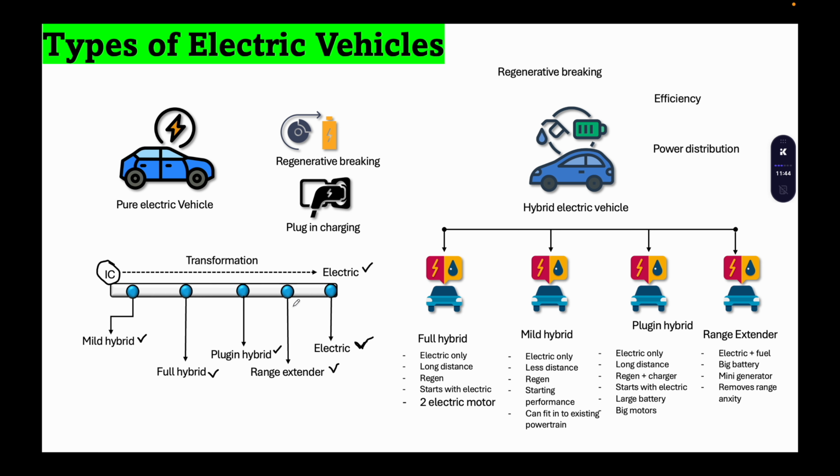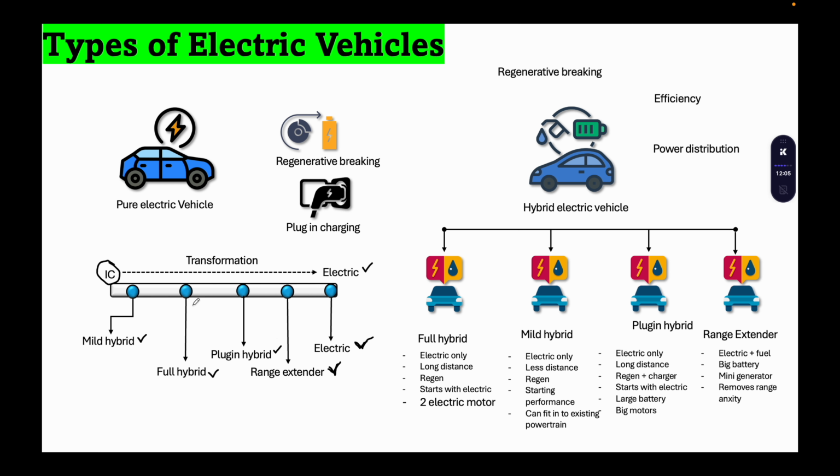If you are a little less, like around 90% electric, with the remaining 10% as gasoline, then you will be in the range extender category. If you have 50% electric and 50% gasoline, then maybe you are driving a plug-in hybrid.